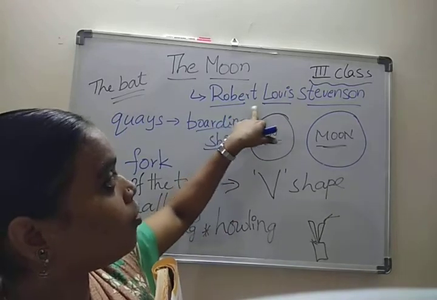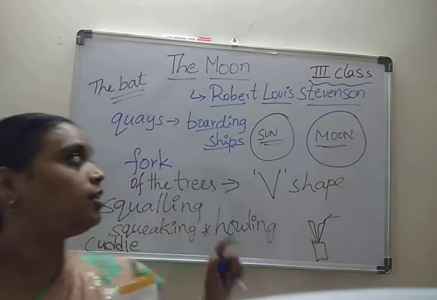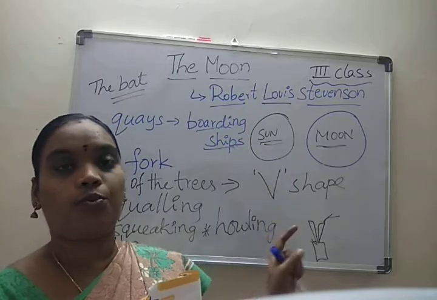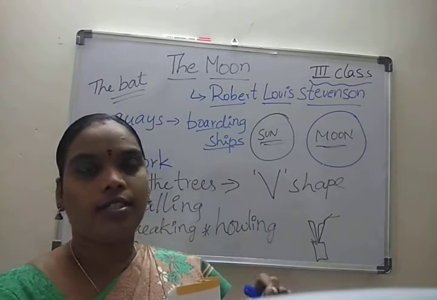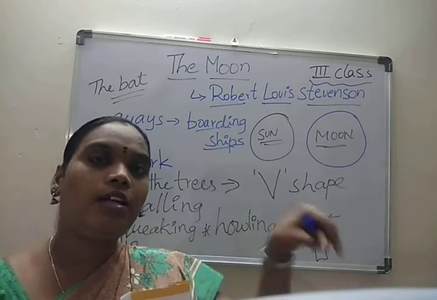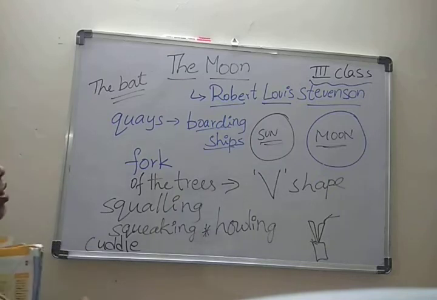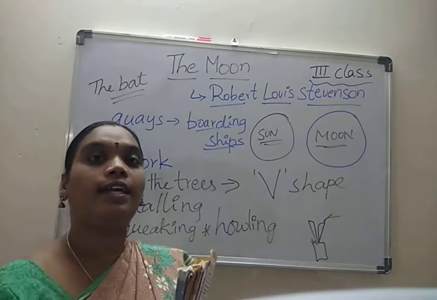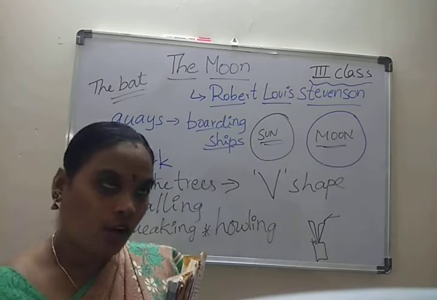Then what about Robert Louis Stevenson? Yes, we have to know about Robert Louis Stevenson. Stevenson was a Scottish writer, a Scottish novelist, a travel writer. He was born on 13th November 1850 in Edinburgh, Scotland.